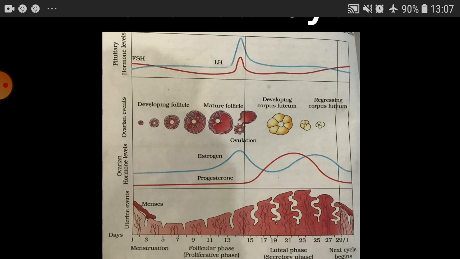All these things you can see displayed on your screen. These are all the events, that is the uterine events, the hormonal levels, the ovarian events, the pituitary hormone levels, everything in one graph. So please listen carefully about the different stages and the changes which occur during the menstrual cycle.